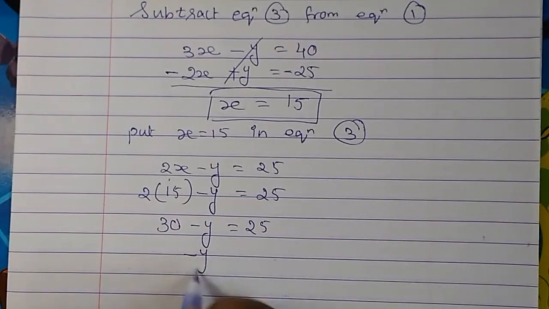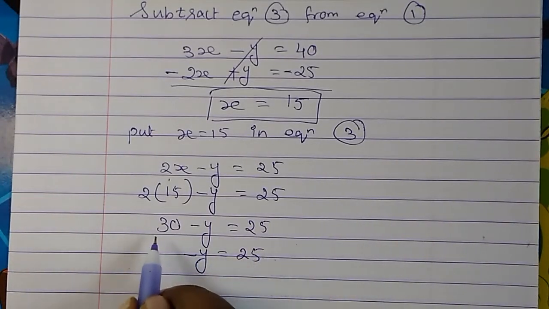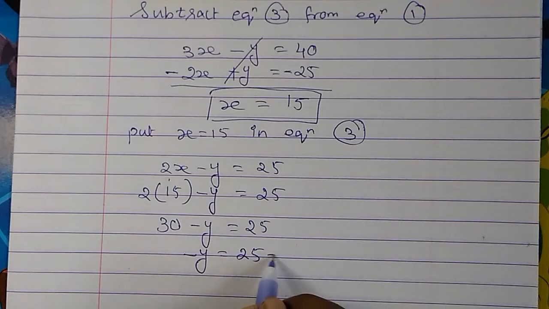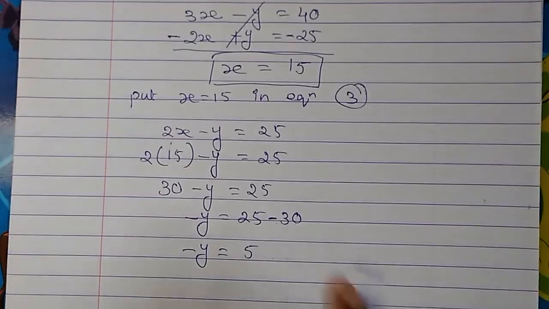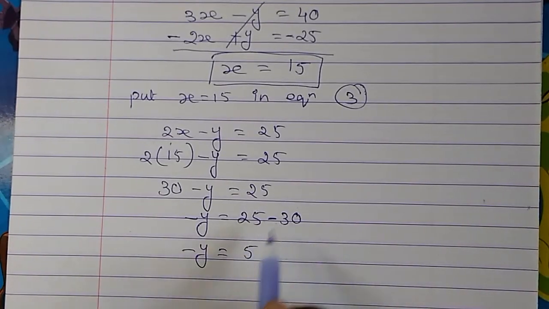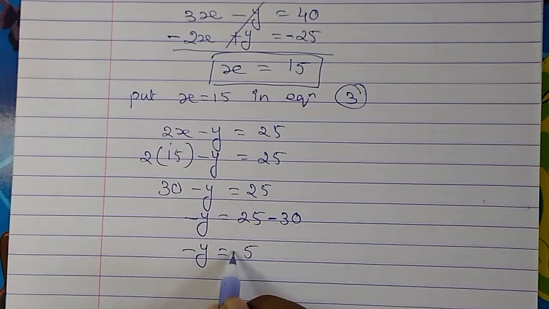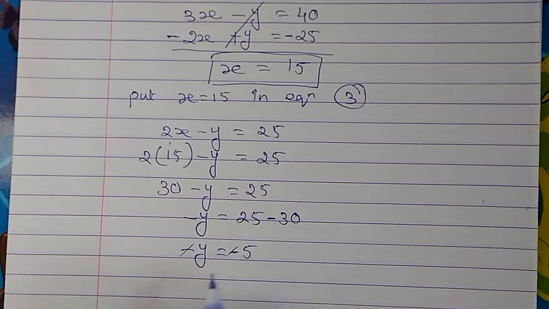So we'll keep minus y here only. And this plus 30, when it comes this side, becomes minus 30. So minus y equal to minus 5 we will get, because when you subtract 30 from 25, the bigger number is minus, so this also becomes minus. When both sides are minus, we can cancel it, then we'll get y equal to 5.